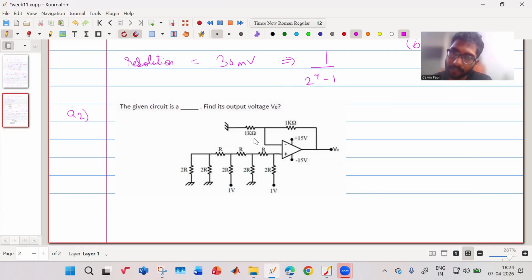What circuit comes to your mind when you look at this circuit?